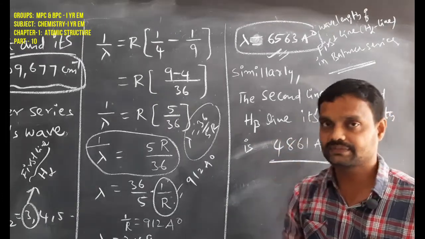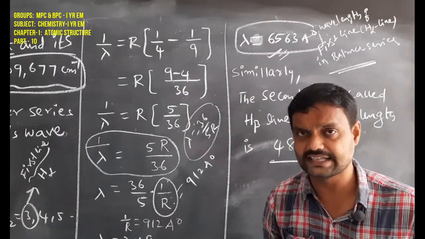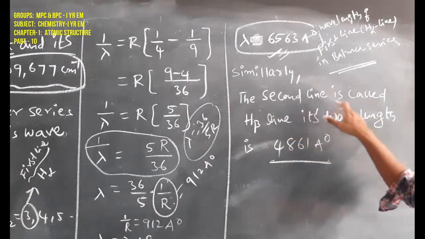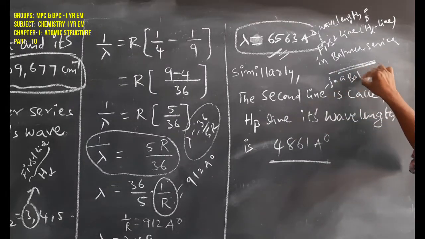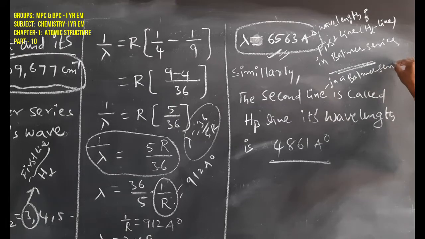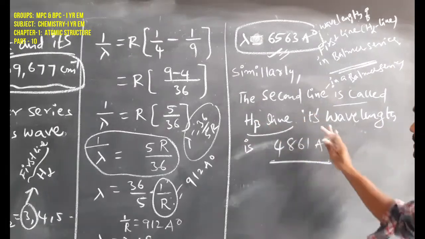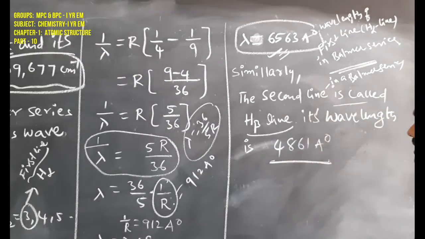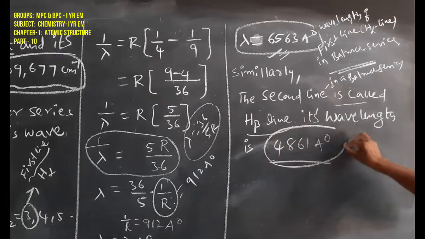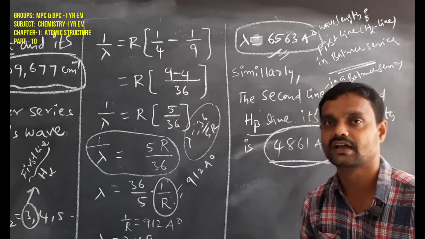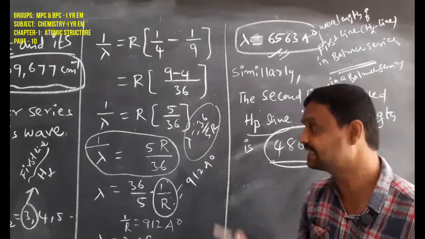So the first line in the Balmer series is called the H alpha line. The second line in the Balmer series is called the H beta line.